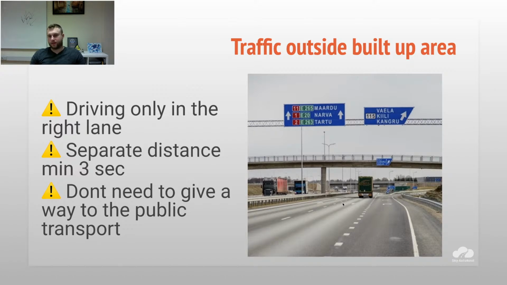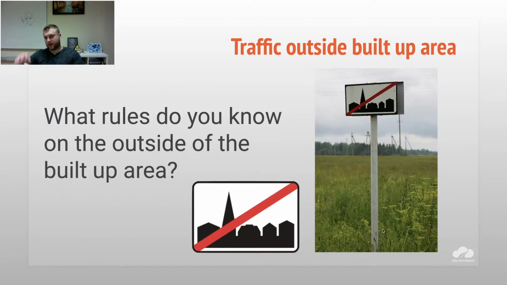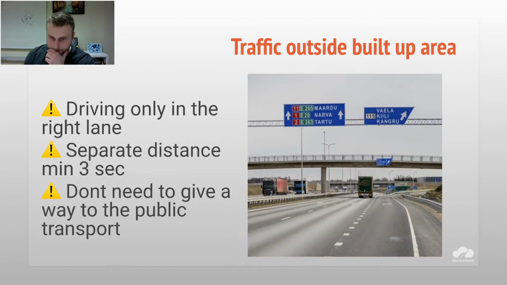Also, in the exam, they can sometimes catch you on this. If you are driving in the left lane in the city, then you cross this sign and you still continue driving in the left lane. And after some time, if examiners see that you don't change it, the exam will be failed because you cannot use the left lane with no reason. You should automatically change it to the right.